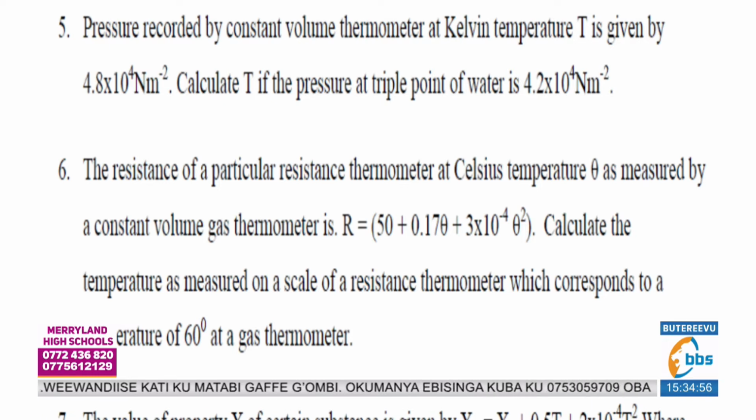The equation of R equals 50 plus 0.17 theta plus 3 exponent minus 4 theta squared is showing us what the resistance of a platinum wire would be for a particular temperature theta that has been measured on the constant volume gas thermometer. In other words, it is relating the resistance of a platinum wire and a certain temperature that is read on the constant volume gas thermometer.